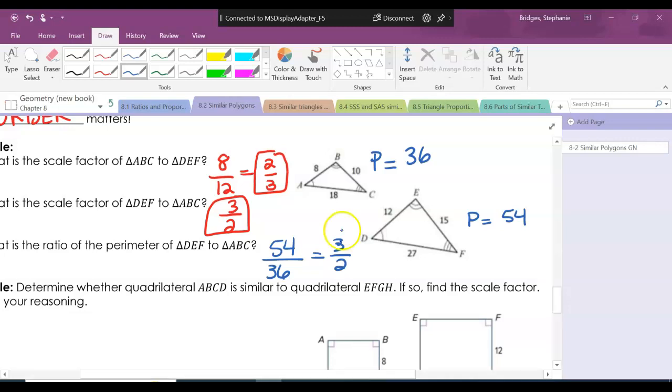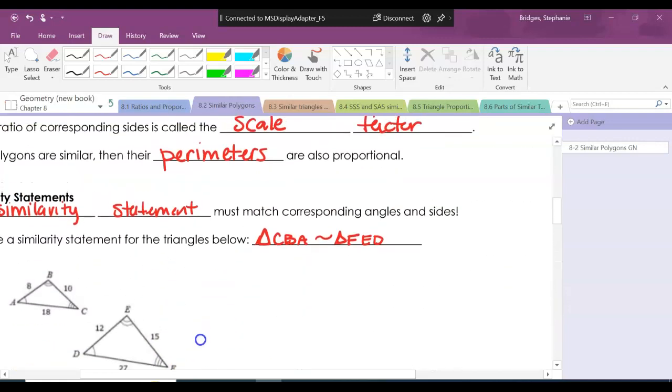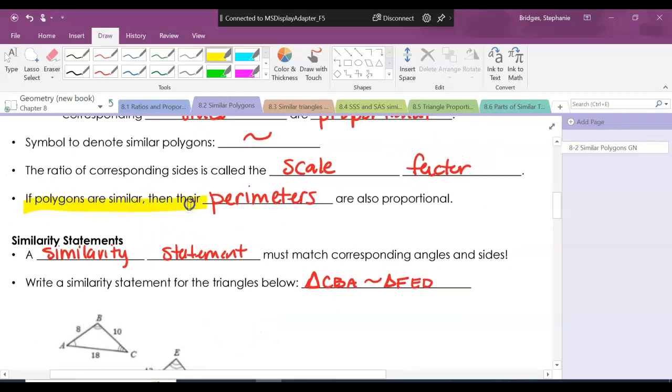What do you notice about the ratio of the perimeters from DEF to ABC and the scale factor? They're the same. What do we write right here? If the polygons are similar, their perimeters are also proportional.